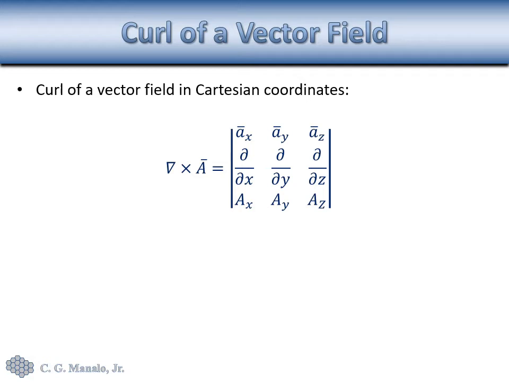We have defined earlier that the curl of a vector field is del cross A if we're talking about the vector field A, and that is given by this in Cartesian coordinates.